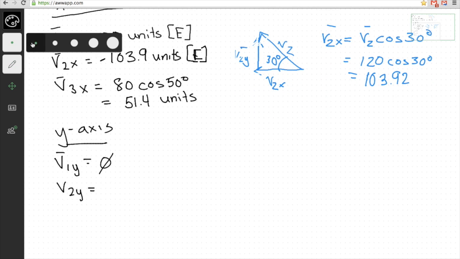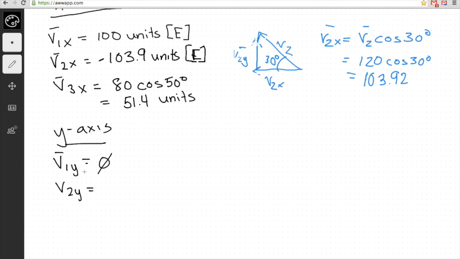So 120 sine 30. And that ends up being, should be 60 units north.